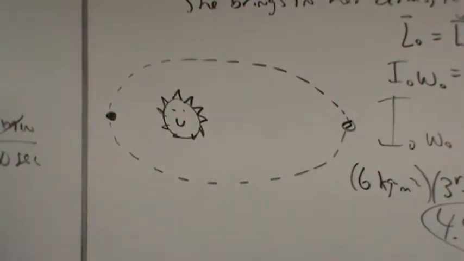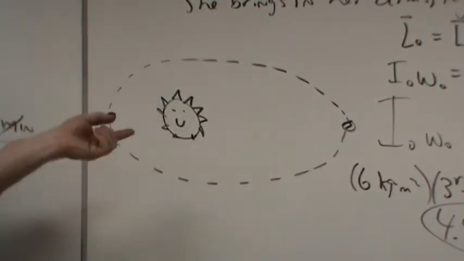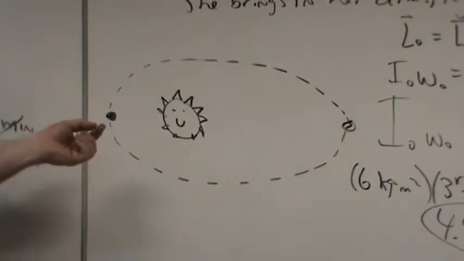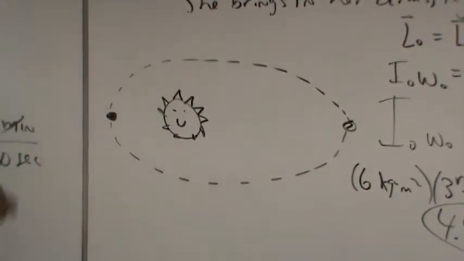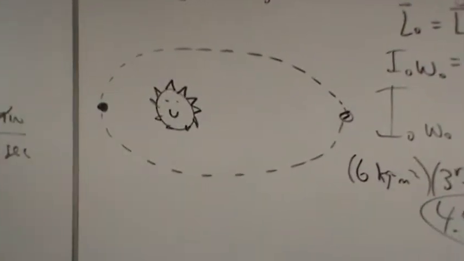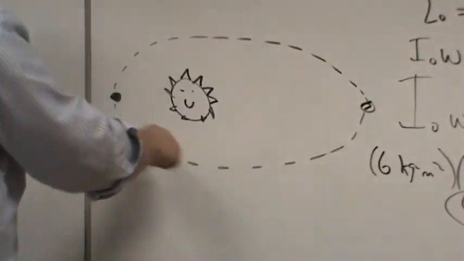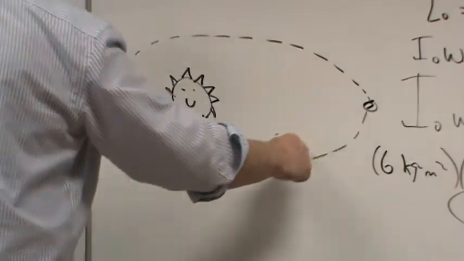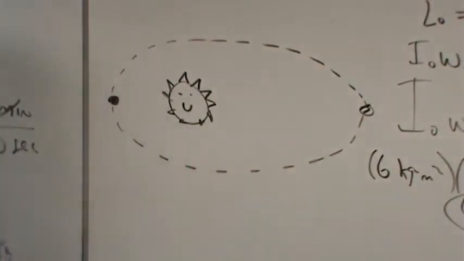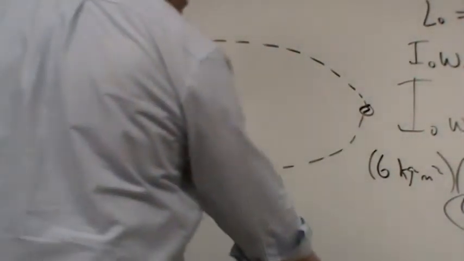Where is it going faster? What's that? When is the planet going fastest? Raise a hand. Yeah, Alejandro? Yeah, when it's near the sun. I showed you that thing on the computer that is kind of going like this. And so now, here's my question.